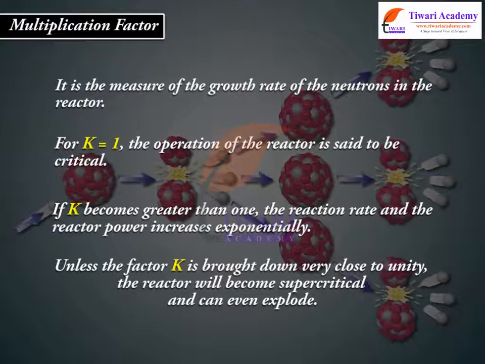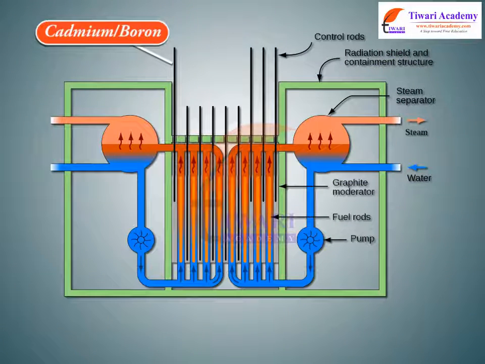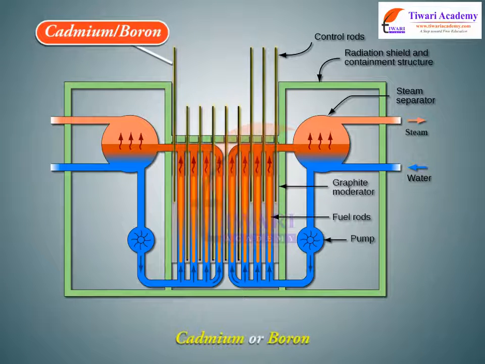Unless the factor K is brought down very close to unity, the reactor will become supercritical and can even explode. The reaction rate is controlled through control rods made out of neutron-absorbing material such as cadmium or boron.